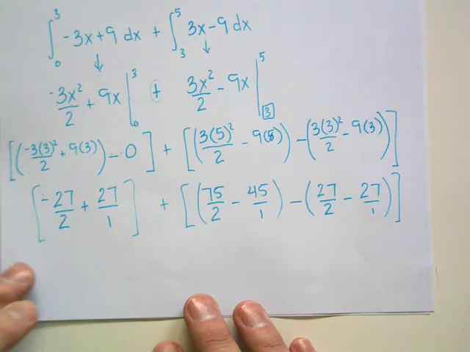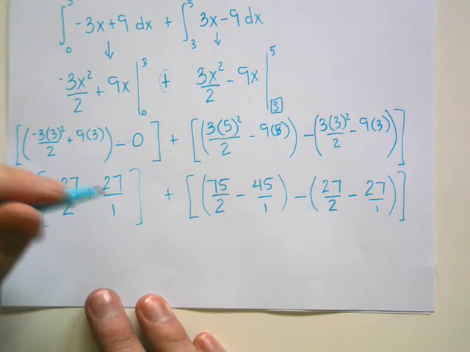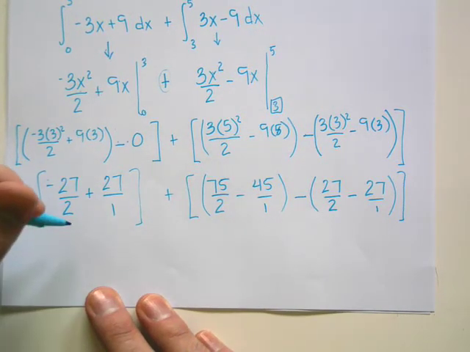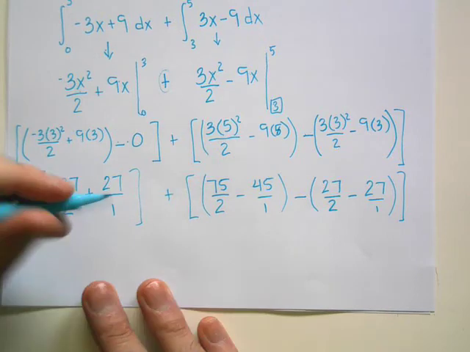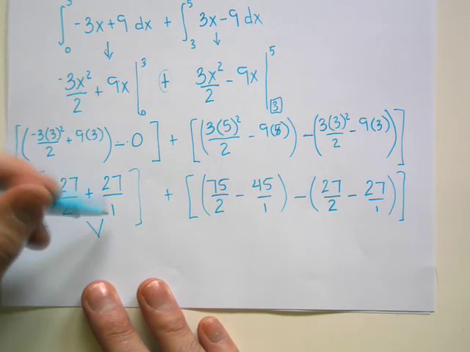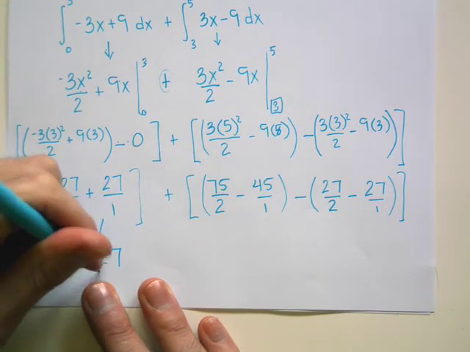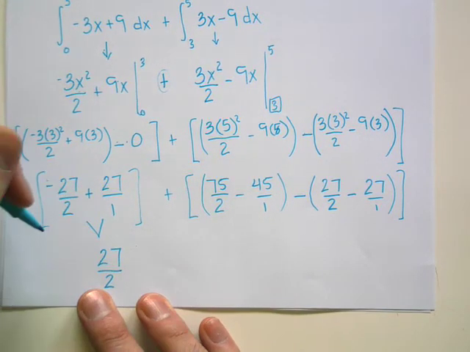Okay. Now, we got a lot of fractions here. Without taking too much time here, if I were to take the common denominator here, I would end up with a positive 27 over 2.